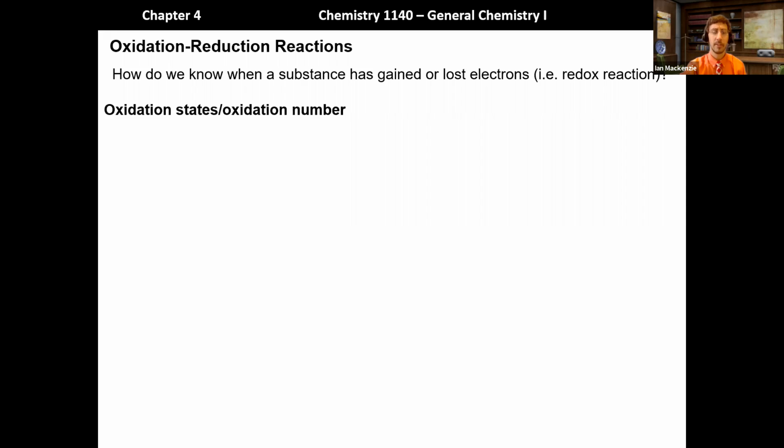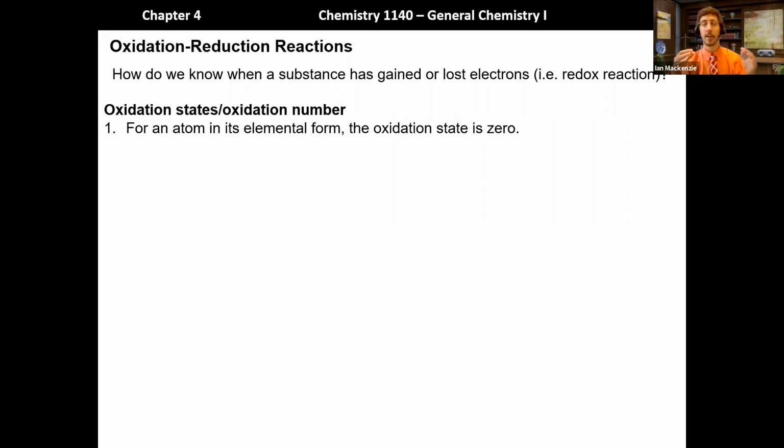So how do oxidation states work exactly? Well, there are some general rules that we follow to help us identify what the oxidation state for an individual element is at any given time. First off, any atom in its elemental form has an oxidation state of 0. So any of the metals, if it's just the plain metal solid, that's its elemental form, so its oxidation state is 0.